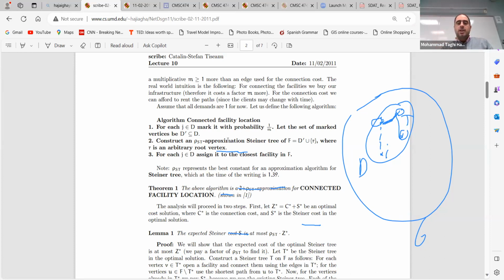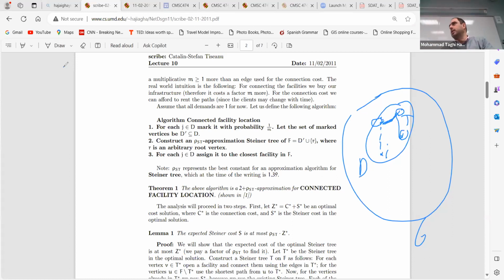For each j, what was M? M is some constant greater than or equal to 1. M times the renting cost, and the renting cost is just a distance.